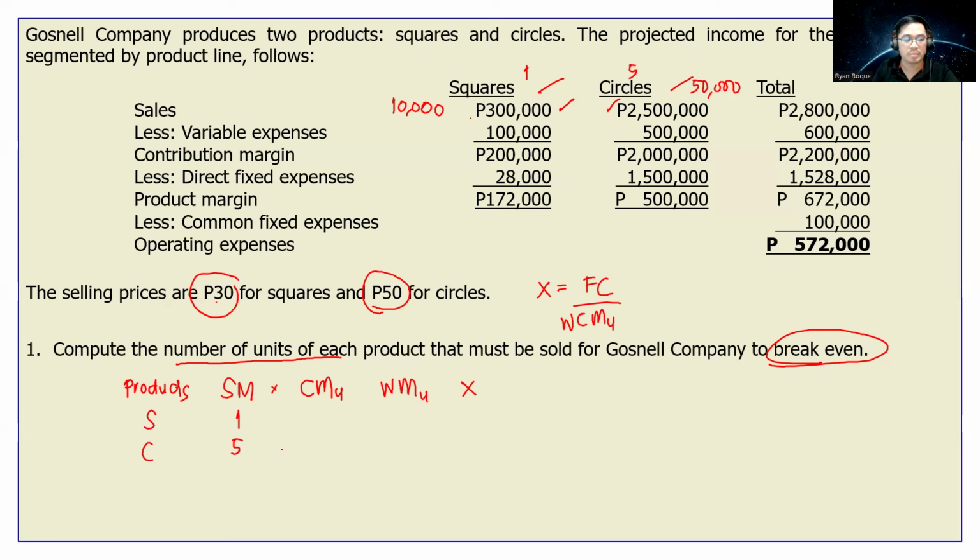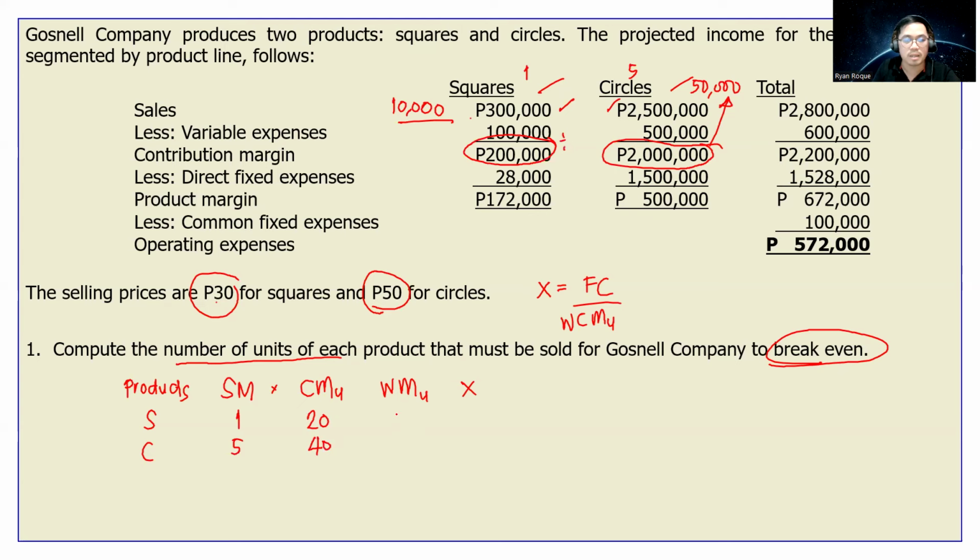How much is the CMU for each product? For squares, 200,000 is the CM. You just have to divide it by 10,000 units. So how much is that? 20 per CMU. But for circles, we have 2 million of contribution margin divided by 50,000 units. So that would be 40.